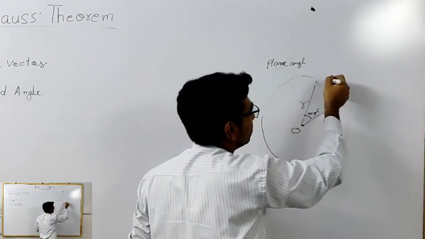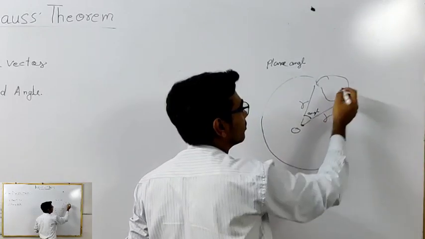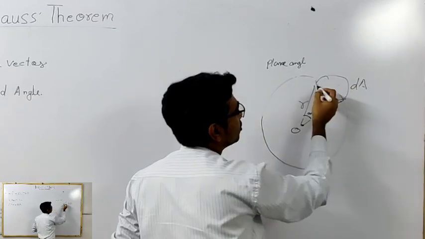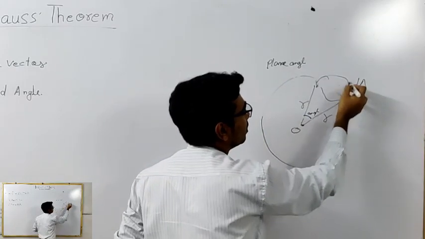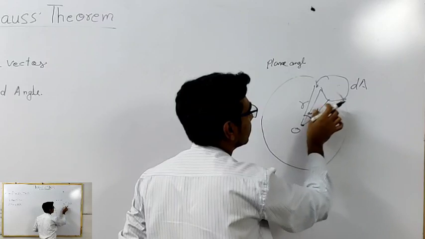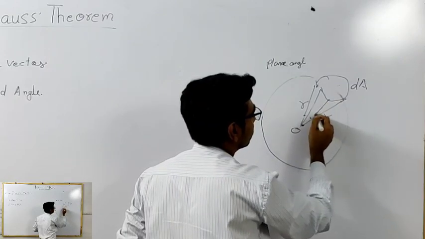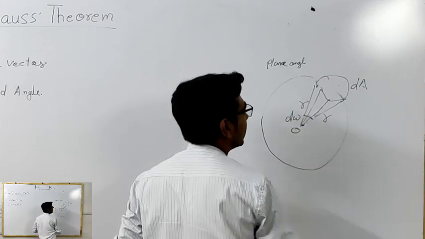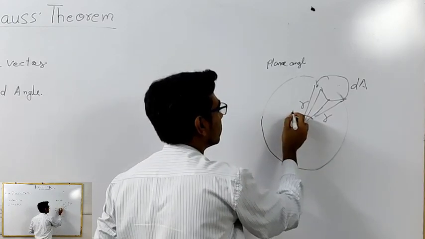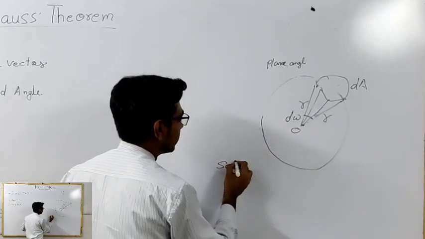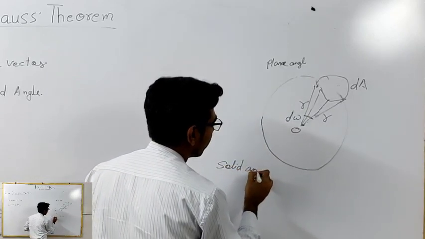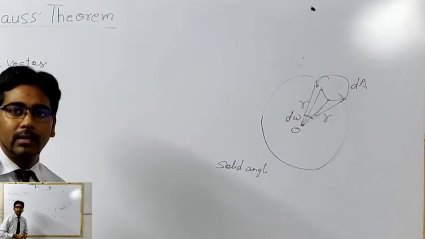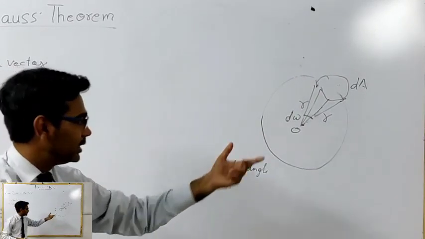From that surface, you consider one surface. Let the area of the surface be dA, and if you join all the boundary of this area to the center O, then you will get something called d omega, and this is called your solid angle. Now we are dealing with a solid angle. When we take a circle and arc, we deal with a plane angle.